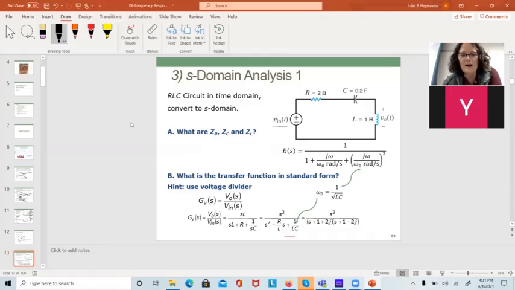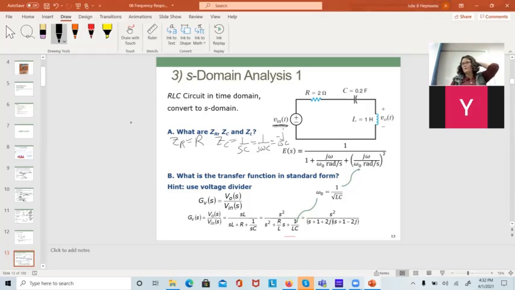So if I have a time varying signal, I'm thinking like an S domain, frequency domain engineer, and I'm going to think of these as being impedances. ZR is always R. ZC we can write as 1 over SC, which is the same thing as our 188 version, 1 over J omega C, which is the same thing as minus J over omega C.